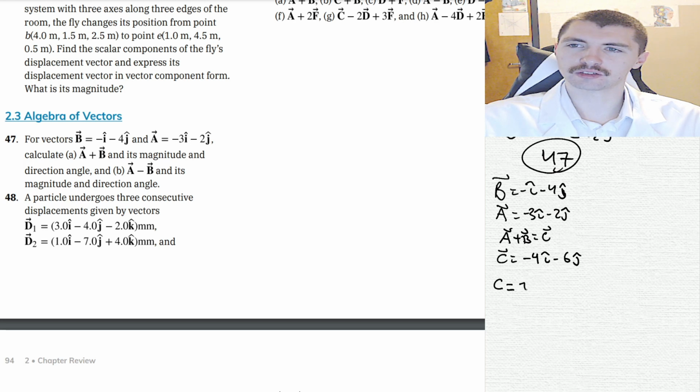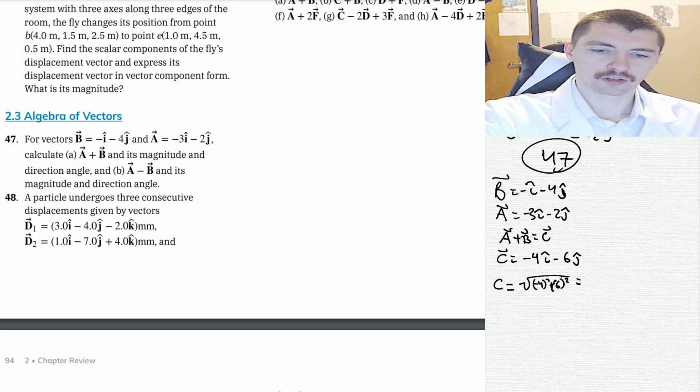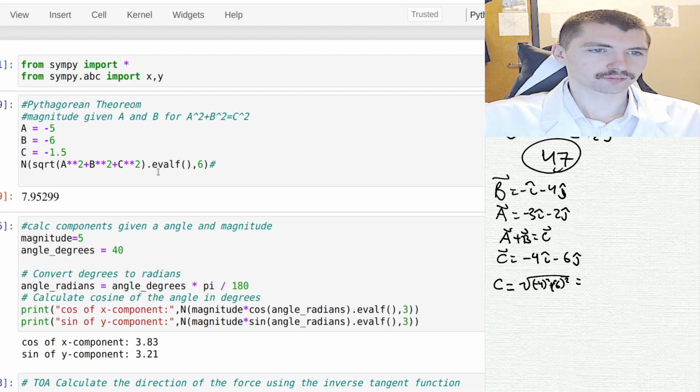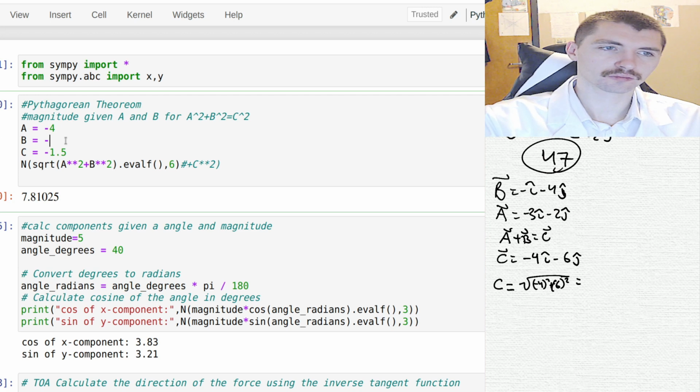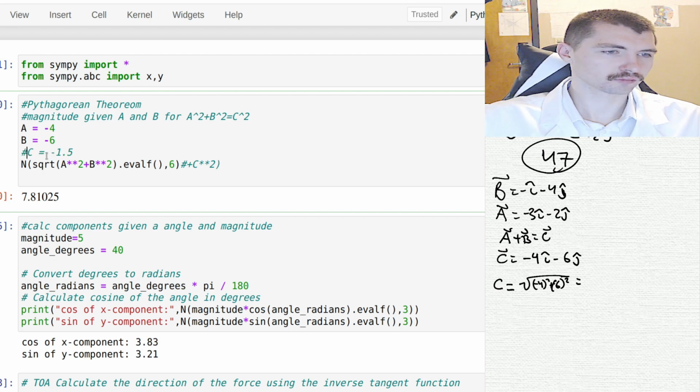Magnitude of C is square root of... Okay, so 7.2.